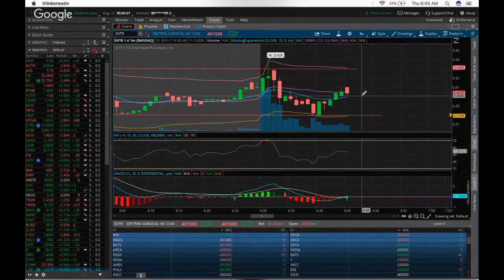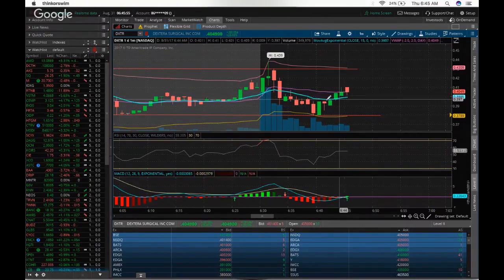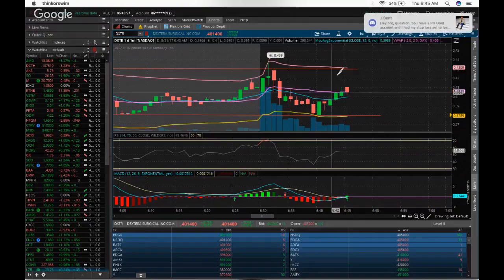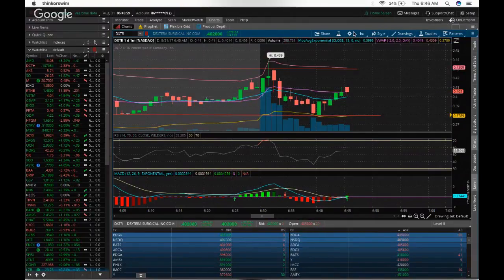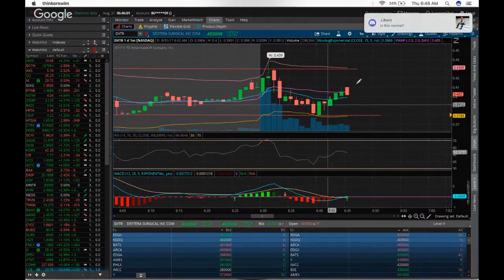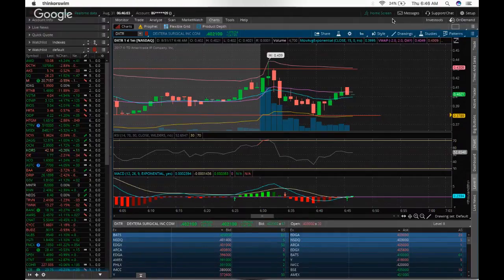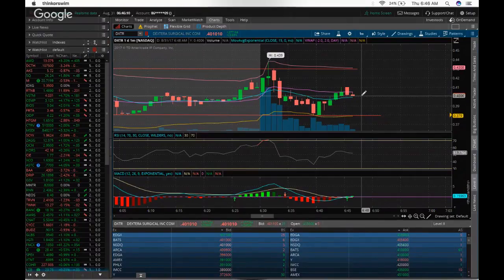It needs to hold above 40 for it to continue this upward trend. Do you guys see that? The EMA line is at 40. Okay, I'm getting a couple direct messages. There we go. It's still trying to hold above this specific price point. Will it hold? That's something that we'll have to figure out.